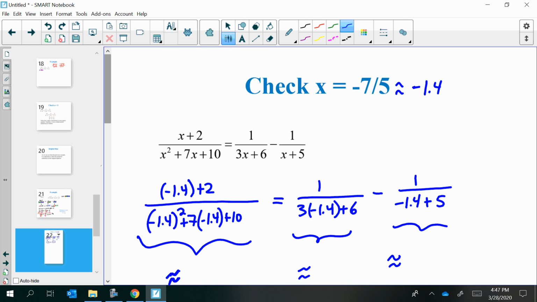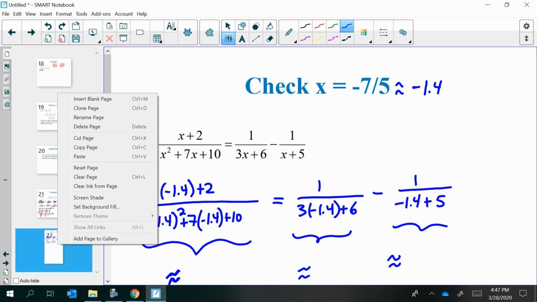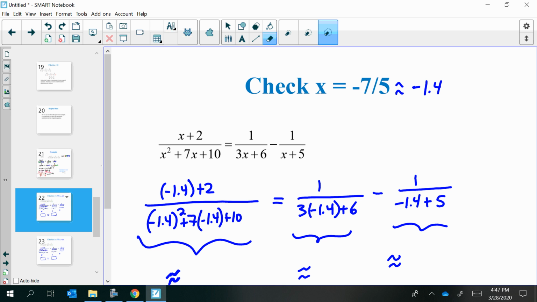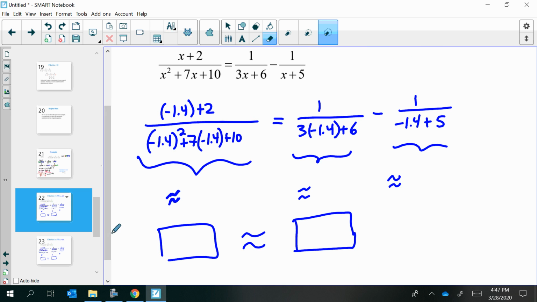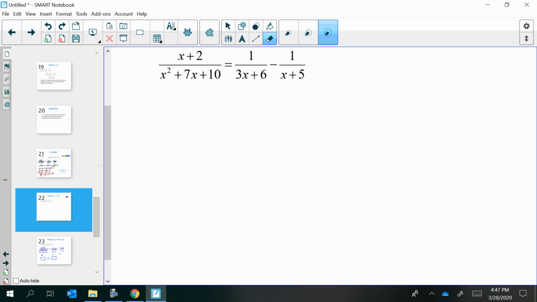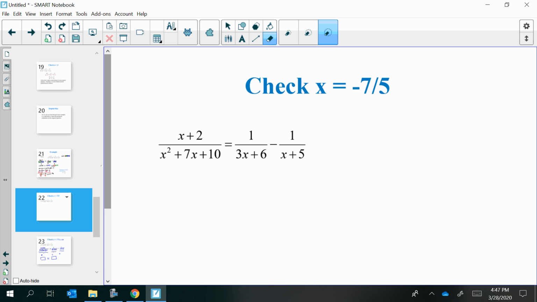So let's do that step, okay? Let's identify any invalid solutions that are possible or could come up. Or if I should say it this way, if any of these come up, I will know to not allow them to be part of my solution.